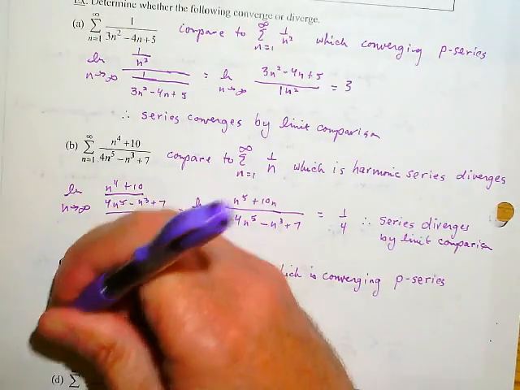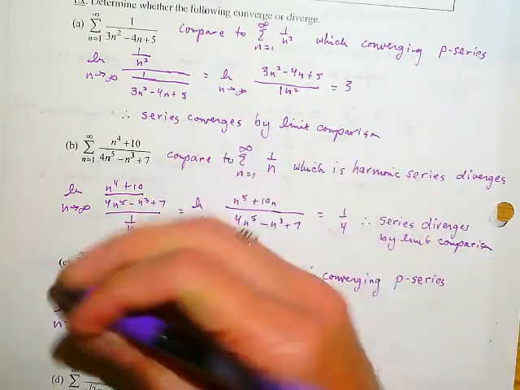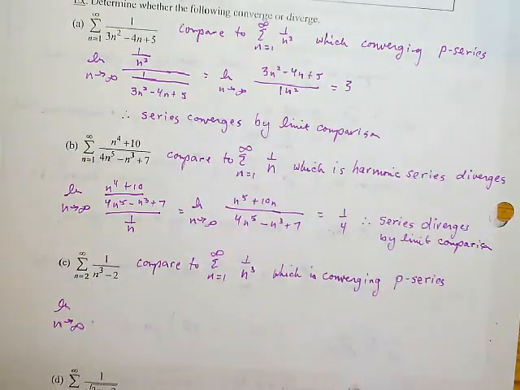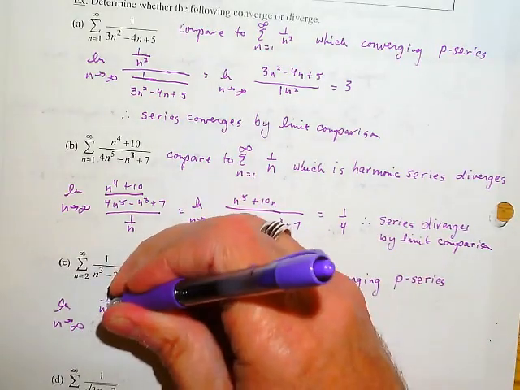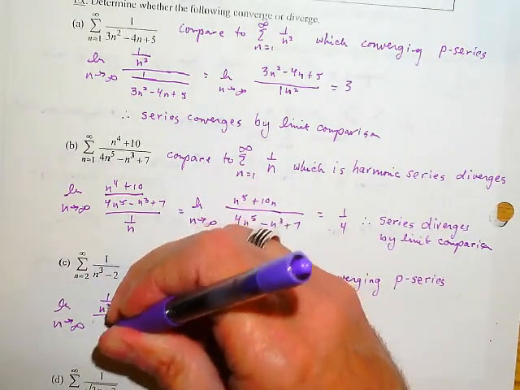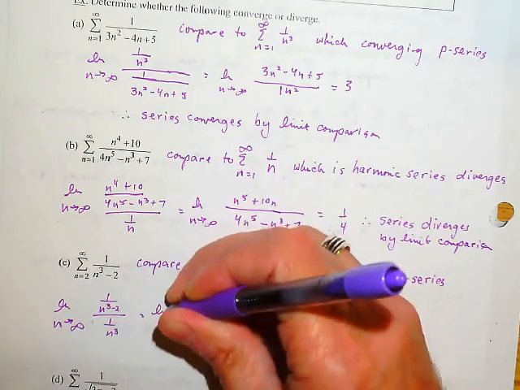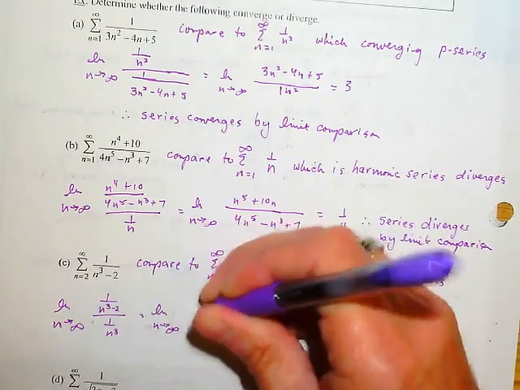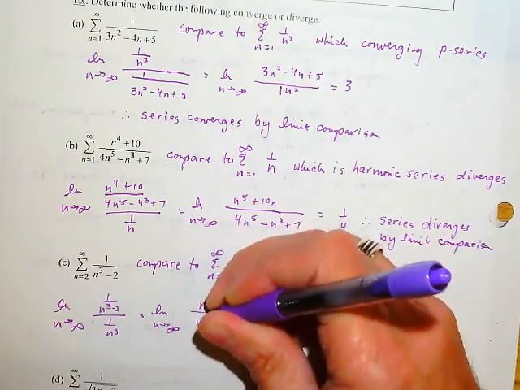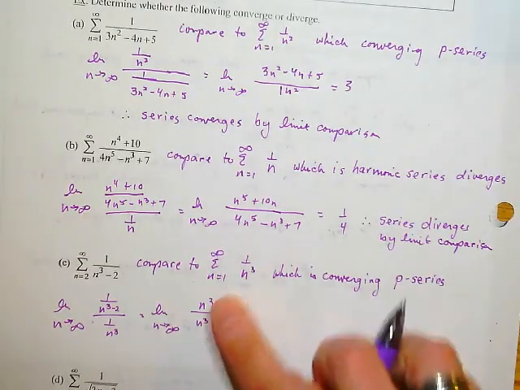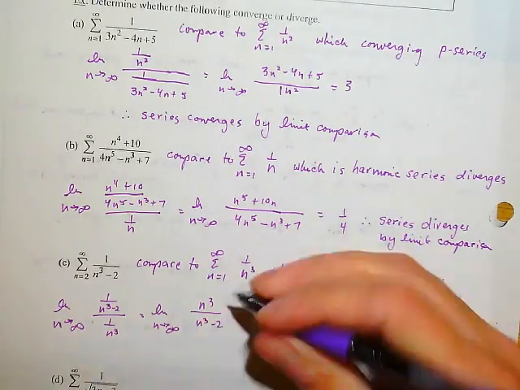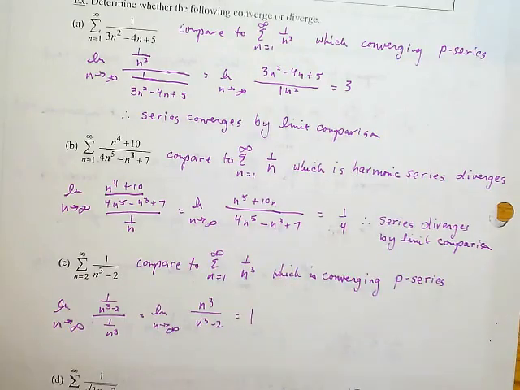Take the limit then of the ratio of those two series. The limit as n approaches infinity of 1 over n to the third minus 2 over 1 over n to the third. Flip and multiply. Limit as n approaches infinity, n to the third over n to the third minus 2. Exponents are the same. We've got our leading term coefficients, that limit is 1.